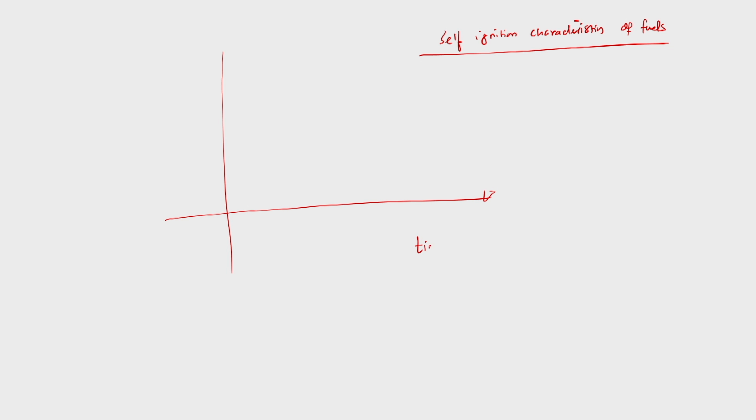If I take time along the x axis and temperature along the y axis, then we will discuss what we can see from the graph. Suppose I take a particular fuel whose self ignition temperature has a fixed value. So, this is the self ignition temperature of a particular fuel, that is fixed.